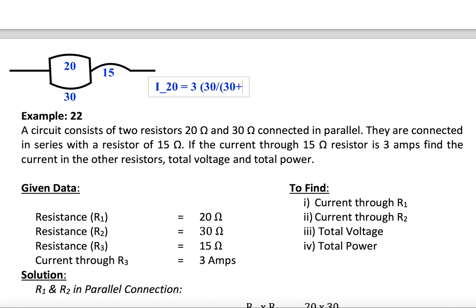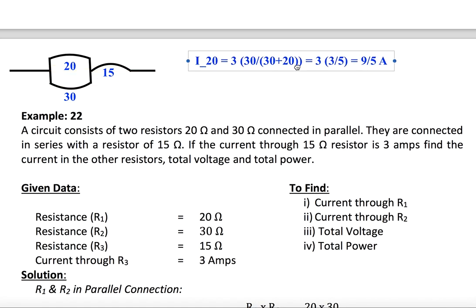That is what the current divider rule says, right? So 3 into 30 by 50, that is 3 by 5, nothing but 9 by 5 ampere.